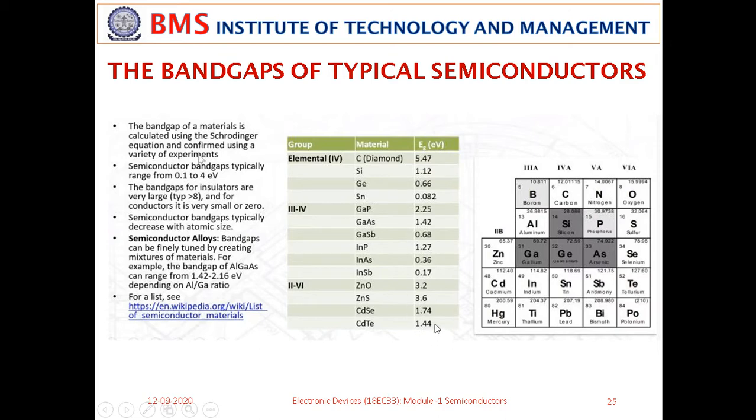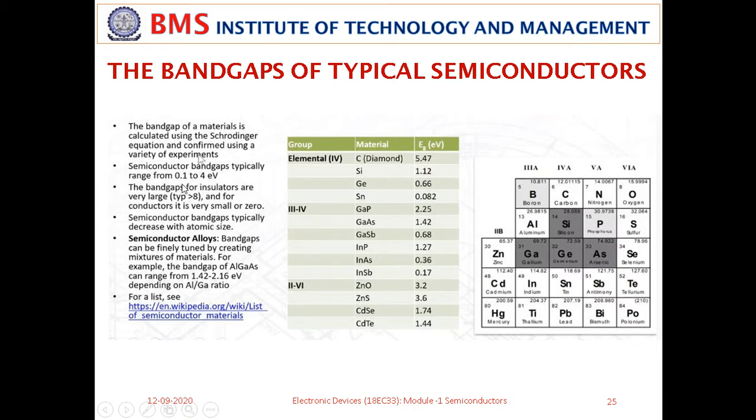For conductors, a band gap will not be there. Sometimes a very small band gap may exist, but semiconductors have a small band gap. The band gap varies from 0.1 to 4 electron volts for semiconductors.